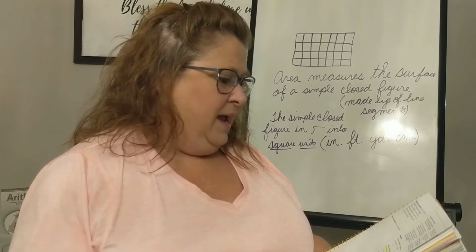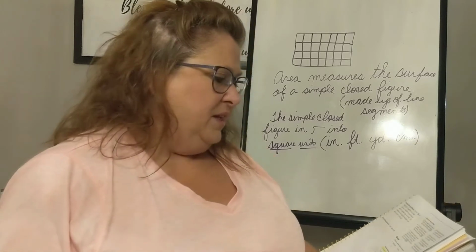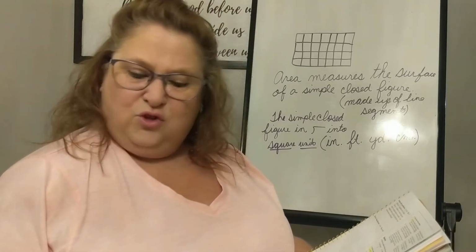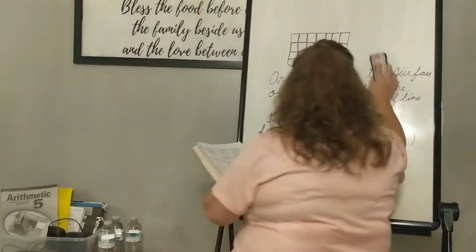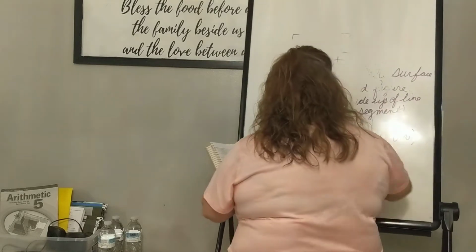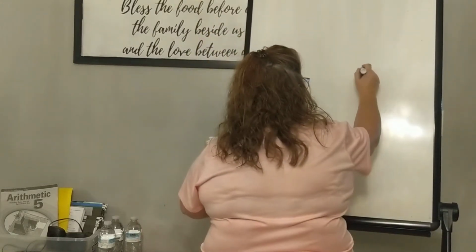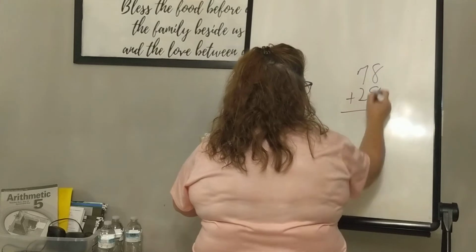And then go ahead and look at section 5. Find the number of degrees in the third angle of the triangle. So if we have 78 degrees and 29 degrees, we're going to add them together. 78 plus 29. 8 and 9 is 17.